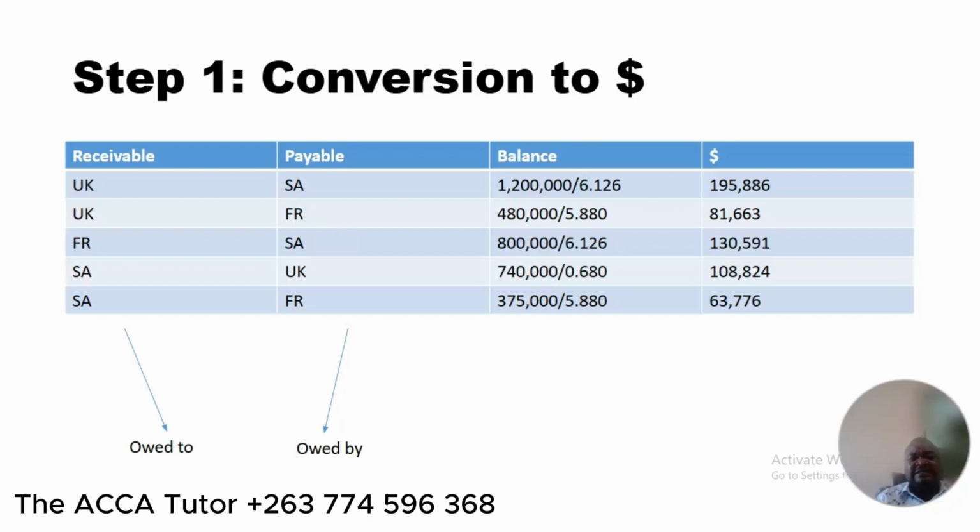Like I said, first of all, you need to establish which amounts are owed to and which amounts are owed by. If you're looking at this particular column, it shows that those companies are being owed by the companies on the receivable side.